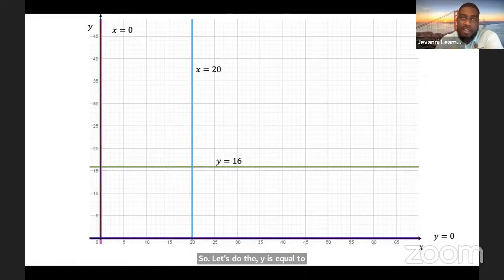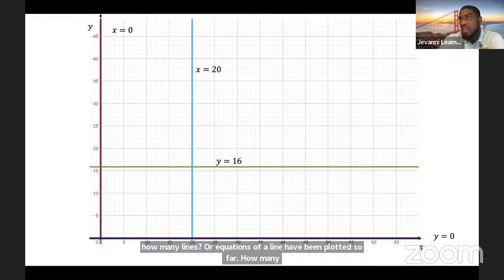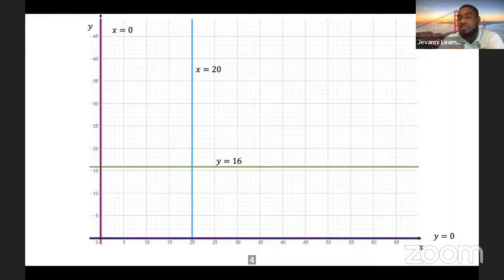All right, next. How many lines or equations of a line have we plotted so far? 4. And how many inequalities should we have? 5. Remember that this is not an inequality, these are the lines.